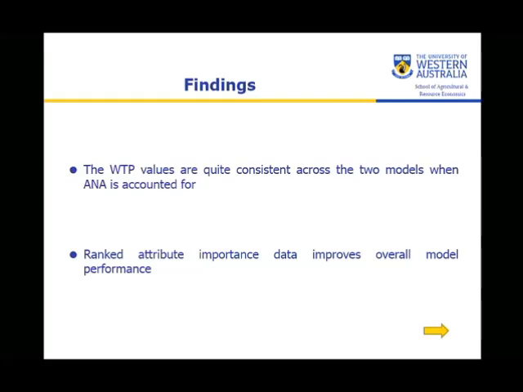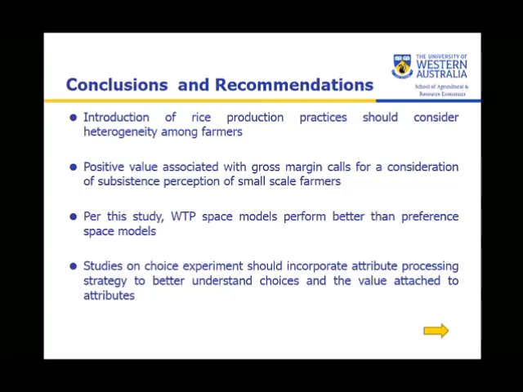But we also asked a typical question of what next? Because the issue is that we have come up with findings that farmers want gross margin, farmers want yield, farmers do not prefer higher labor requirements. But the issue is, do all farmers prefer yield?